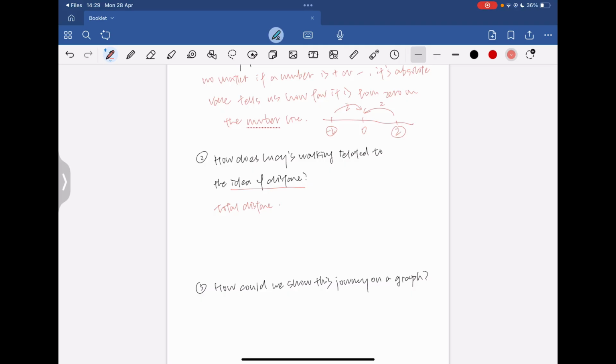Even though she changes direction, the absolute value helps us calculate she traveled 5 blocks in total. This means that if this is Lucy, she walks 2 blocks forward and 1 block backward, and then 2 blocks forward again. So the total number she walks is 1, 2, 3, 4, 5. It's 5 blocks.